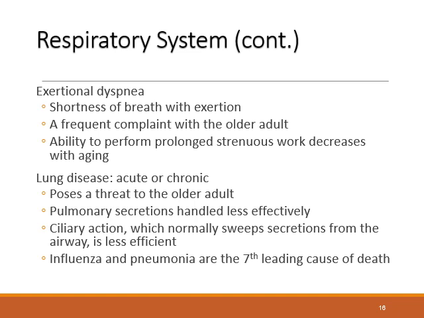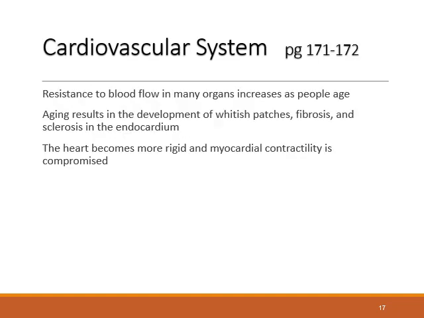If the patient isn't moving around, isn't taking deep breaths, isn't coughing well, they end up with pneumonia. And remember, influenza and pneumonia is the 7th leading cause of death in the elderly. So let's talk about the cardiovascular system now, starting on page 171 to 172.